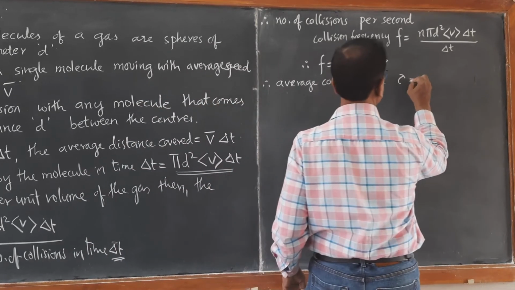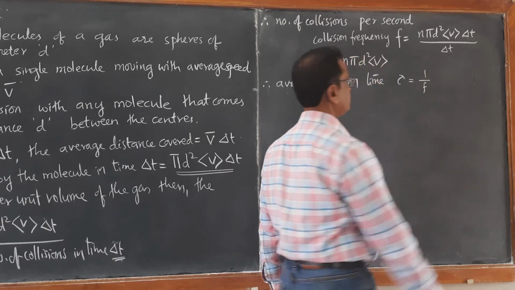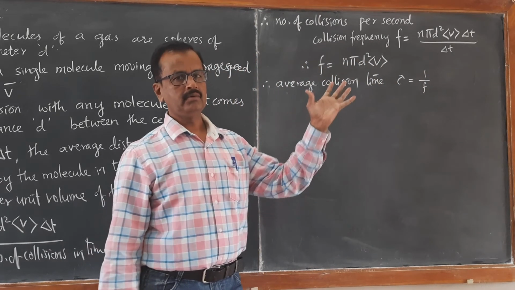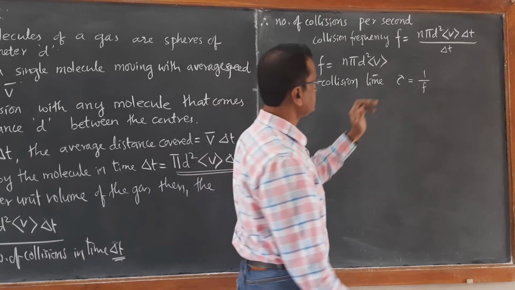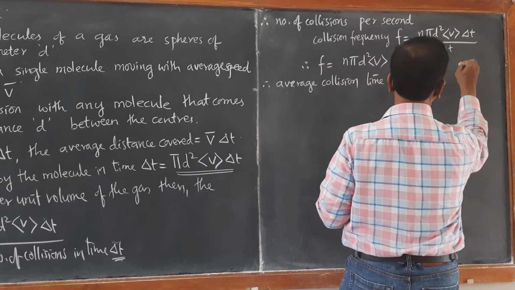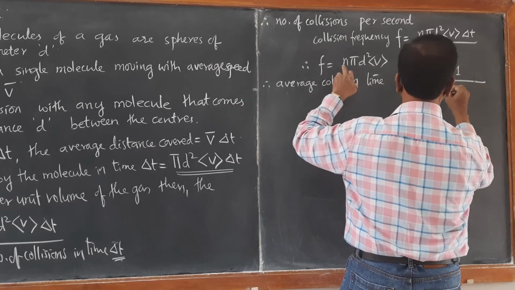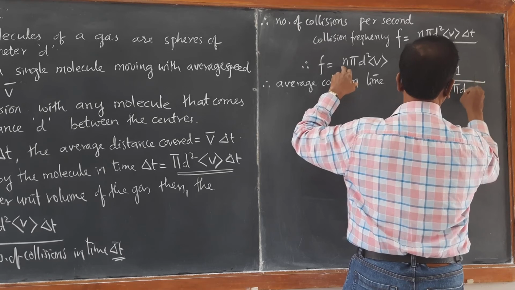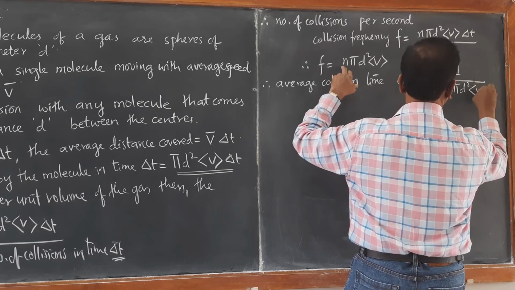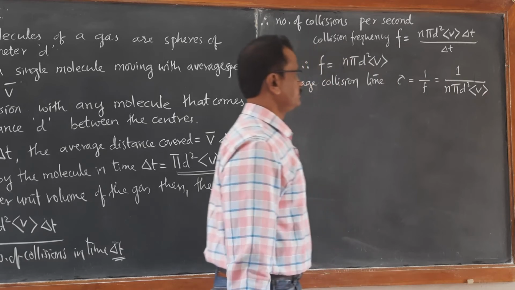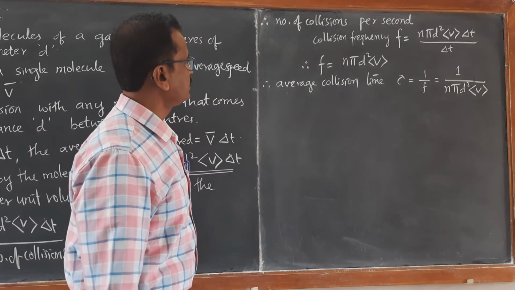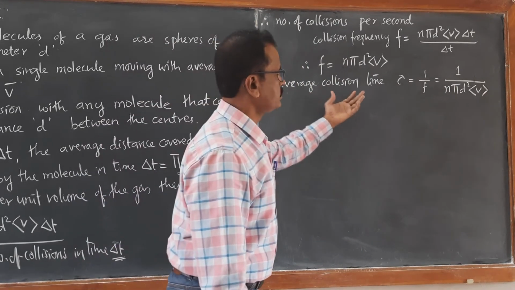Tau is equal to 1 by f. We know time period T equals 1 by frequency. Therefore, tau is equal to 1 by f. So that gives us 1 by n pi d square average velocity v. So now we can define what average collision time is.